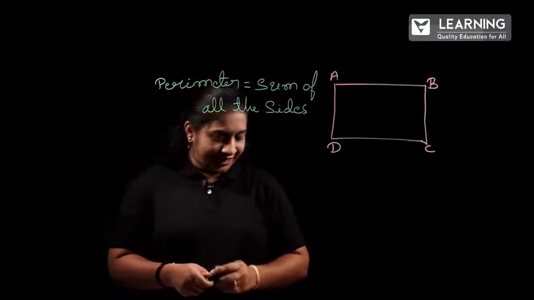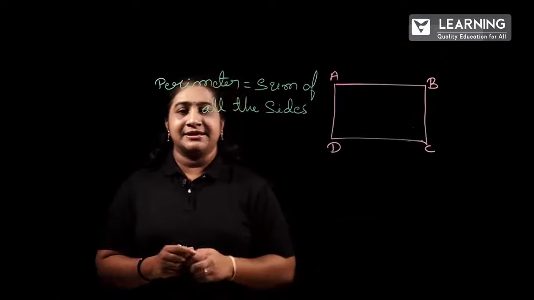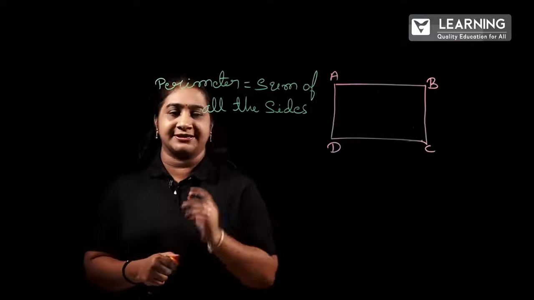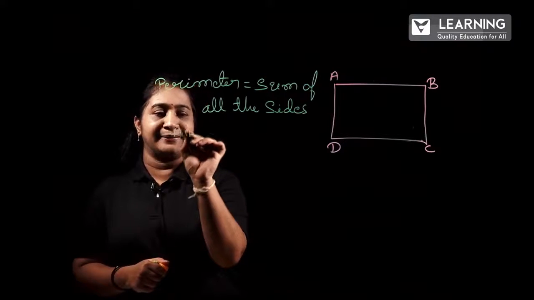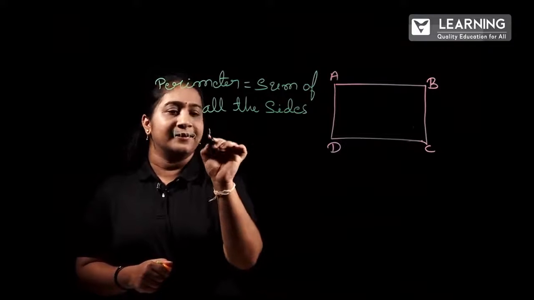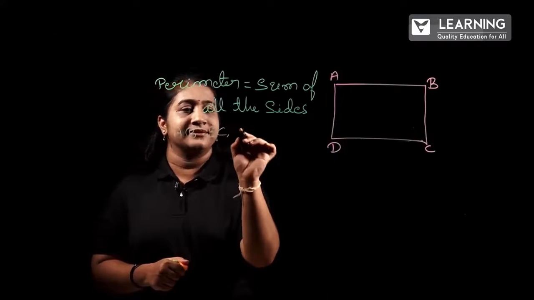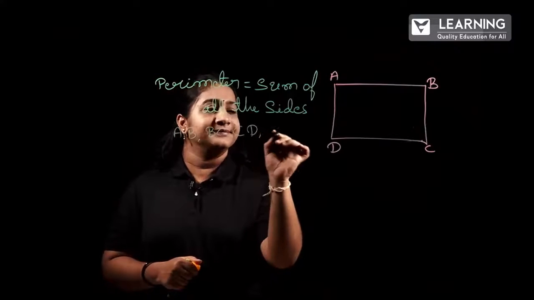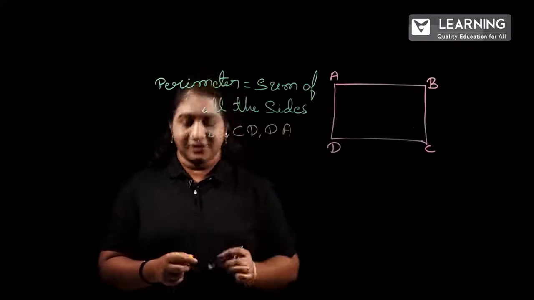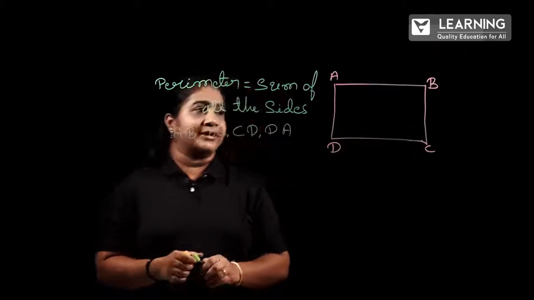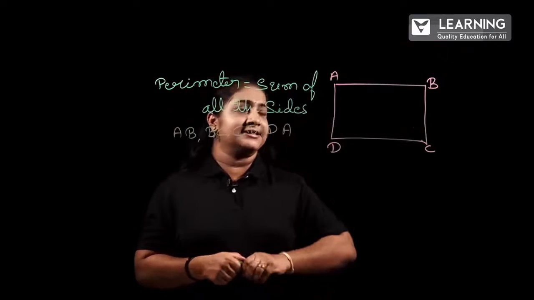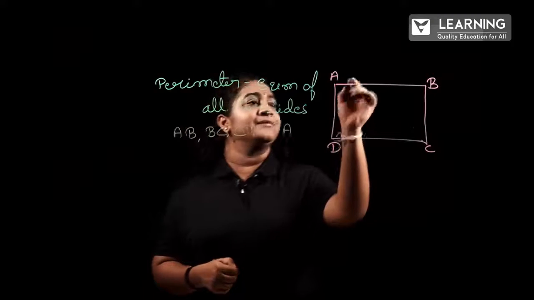So, a rectangle has how many sides? The rectangle has a total of 4 sides, that is AB, BC, CD and DA. First, we have to take the distance of each side.